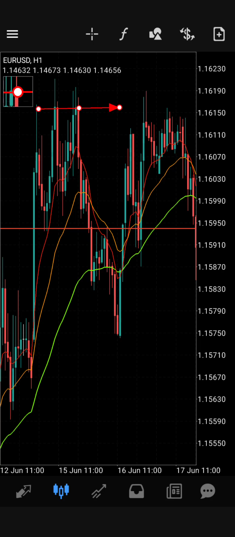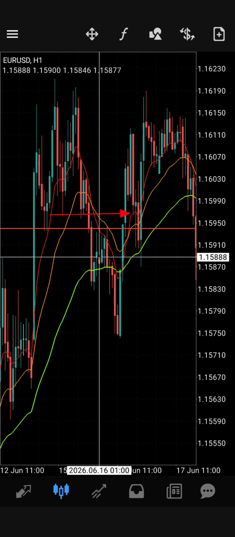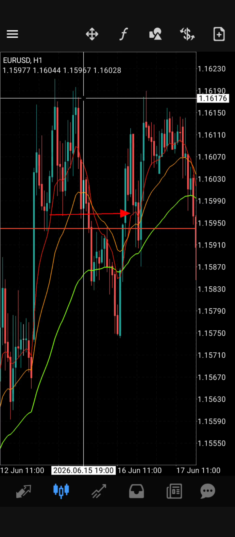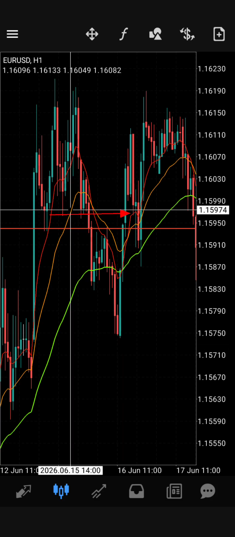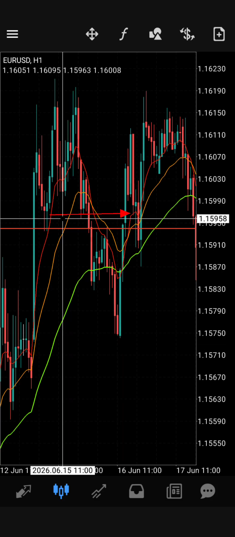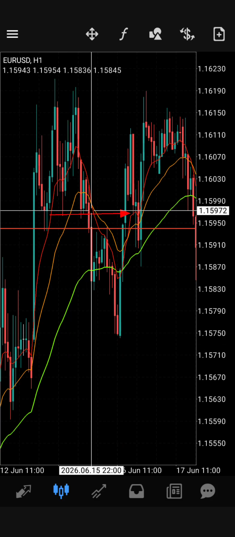So price went up, down, right? So this was the last higher low formed, right? When price was going up into the zone. Now let's see what happened. Went into the zone, broke structure with a strong move, breaking this previous low here, right?